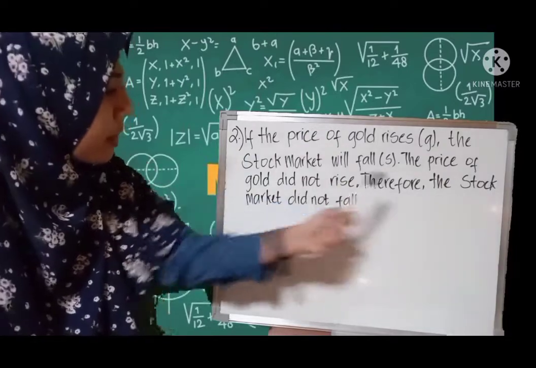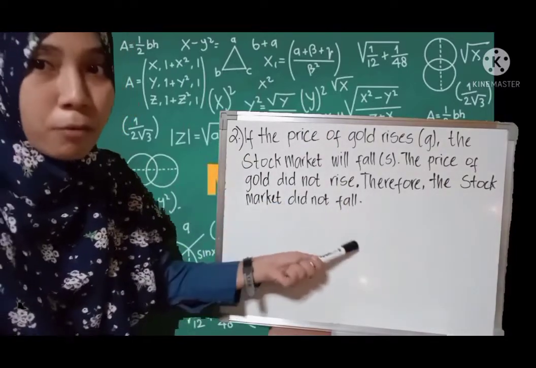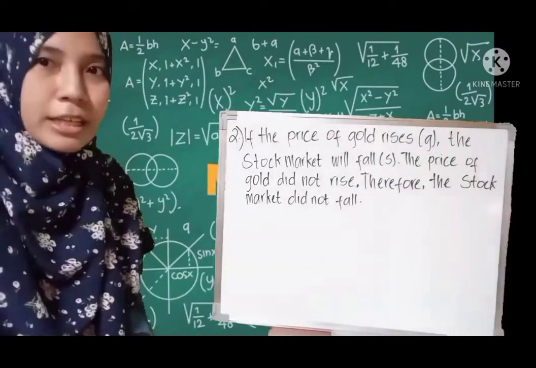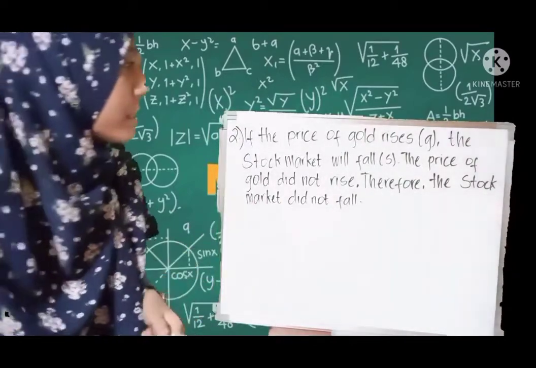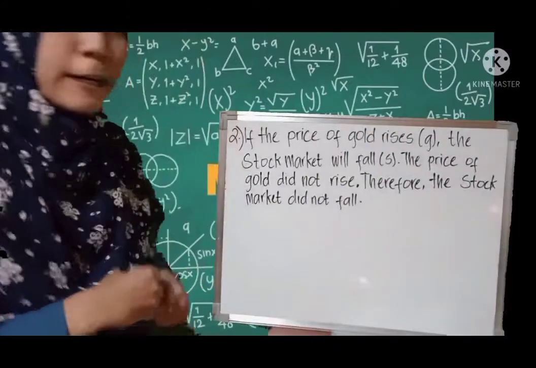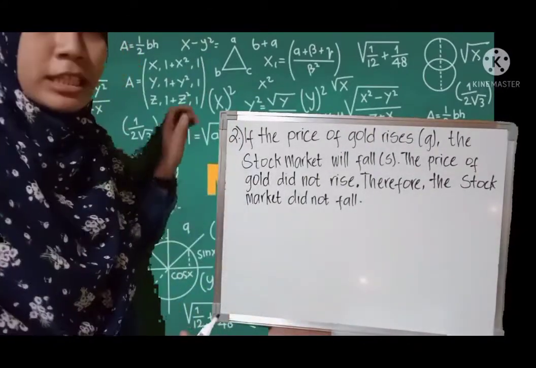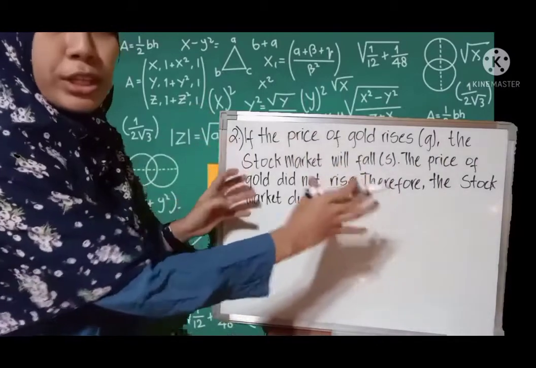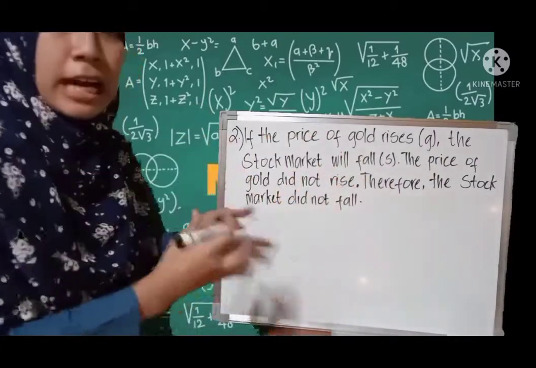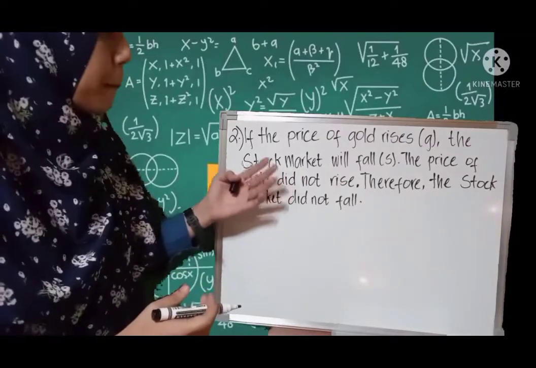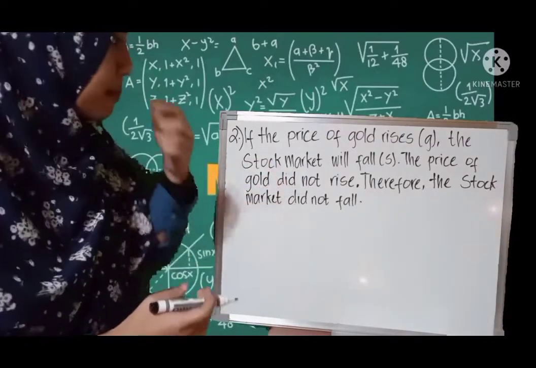Therefore, the stock market did not fall. So, paano natin siya iti-turn na symbolic arguments or the symbols? We need to read carefully, kasi kailangan natin i-read para kung ano man dito yung iti-turn natin as a symbols.